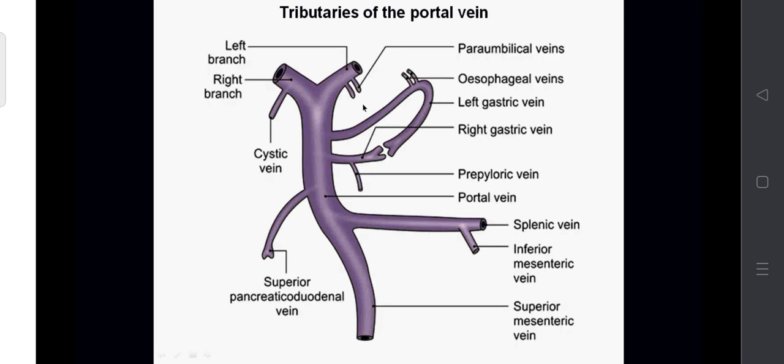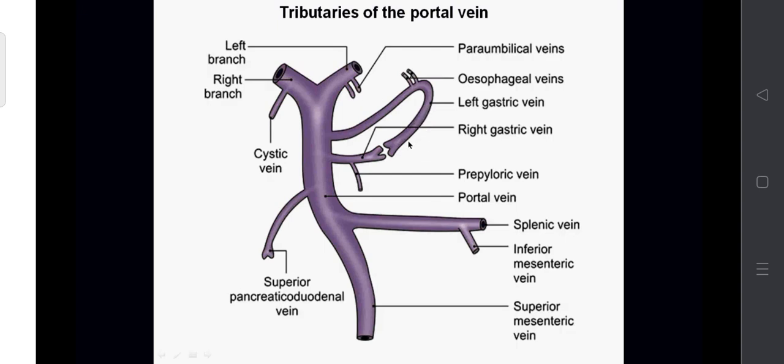The right branch of portal vein receives a cystic vein from gallbladder, while the left branch of portal vein receives the paraumbilical veins, which lie within the falciform ligament.